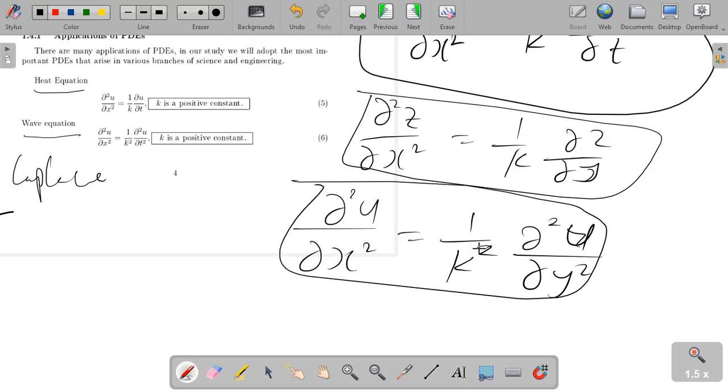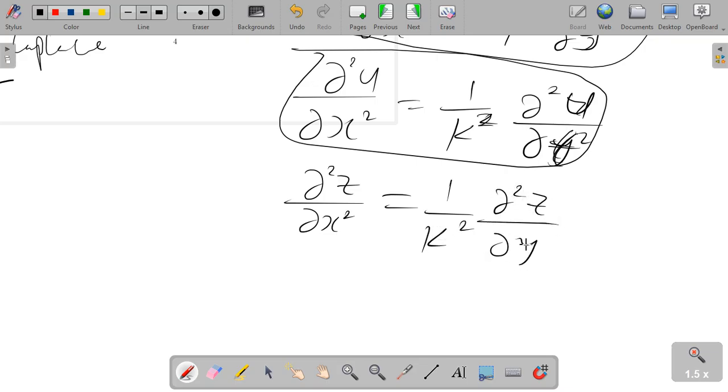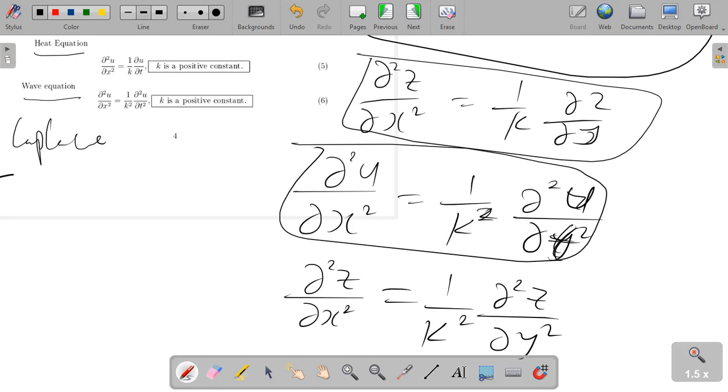In the heat equation, only the right-hand side is squared. If we want to use x, y, z, we say partial squared z over partial x squared is equal to 1 over k squared partial squared z over partial y squared. So that is it for the wave equation.